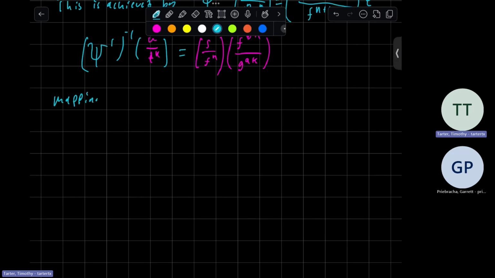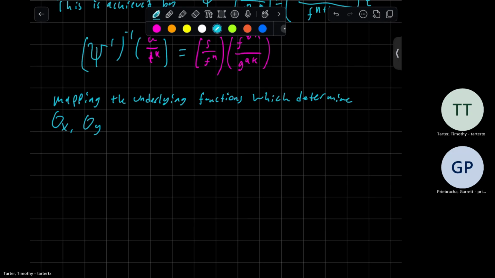So mapping the underlying functions. Okay.